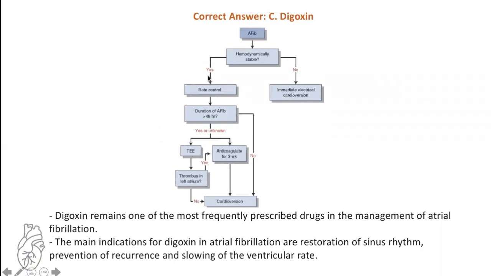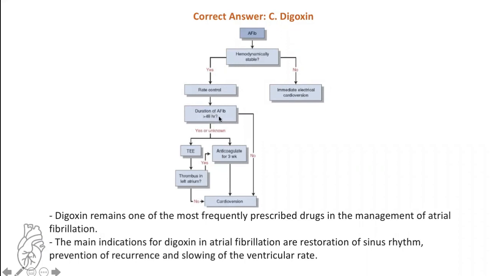And just this is like, if you have an AFib, you would say, first question, is this patient hemodynamically stable or not? If they're not hemodynamically stable, then you want to immediately cardiovert them. If they are stable, then you want to rate control them, and you want to define the duration of the atrial fibrillation.